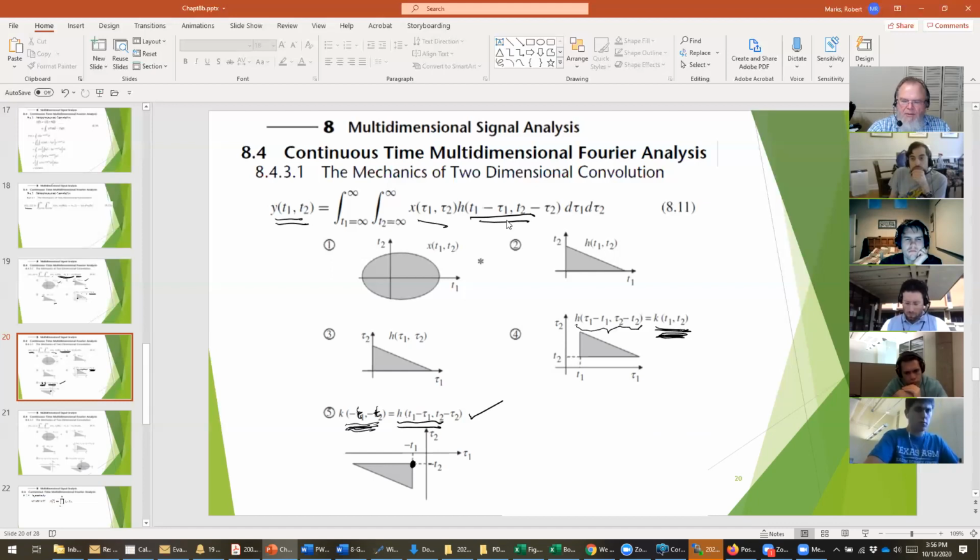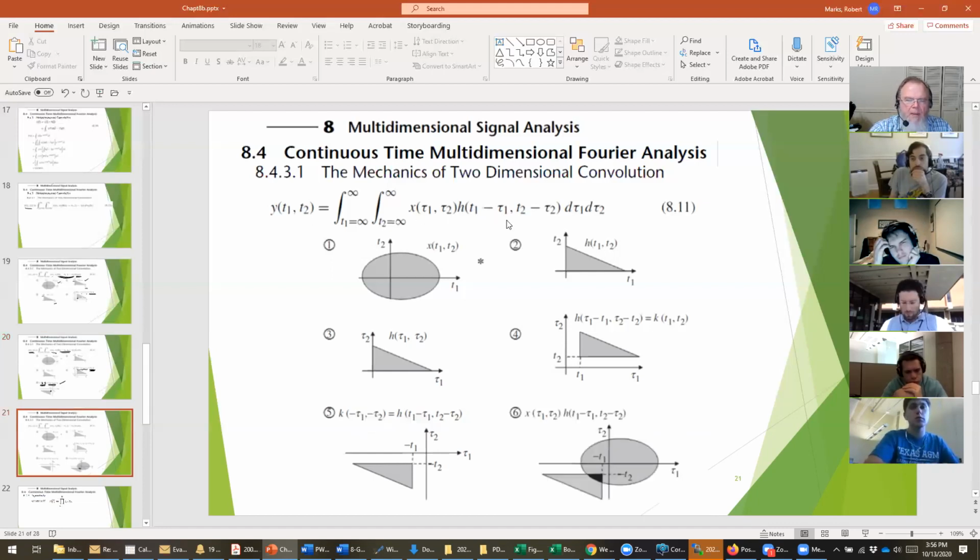In other words, we multiply this x times this h, and since this is a binary function, that is 1 and 0, the product is just going to be 1 inside the black area here. Is that okay? And so that area in the black is going to be equal to the value of the output at the point T1, T2.